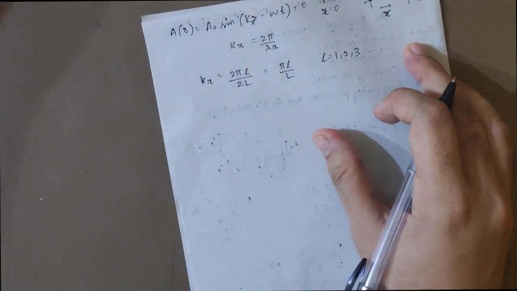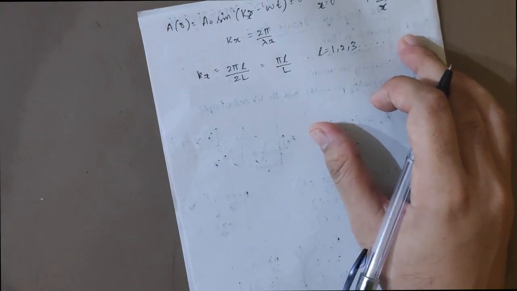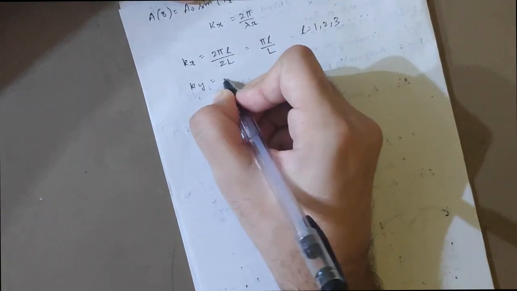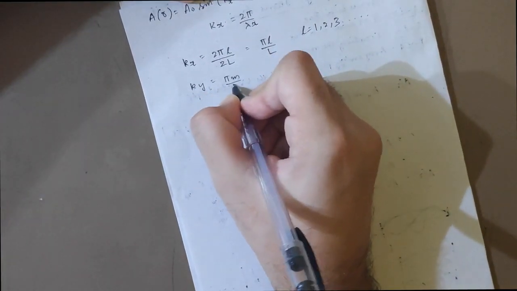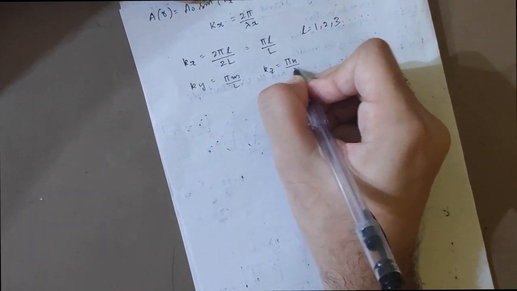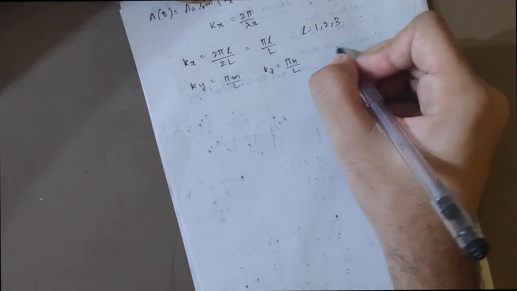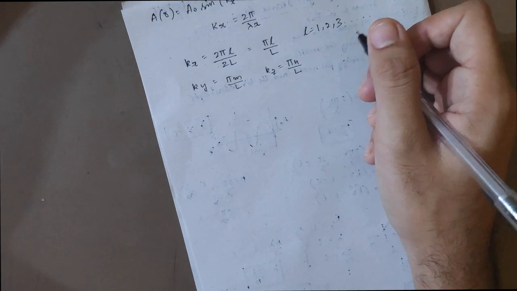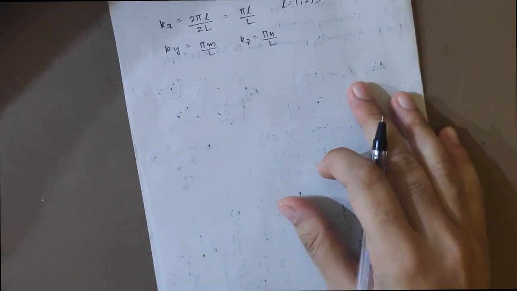And similar results can be found for the y and z axes, where you have ky equals pi m by L and kz equals pi n by L, where again m and n can take on the values 1, 2, 3, 4, 5, and so on. So when you talk about the values of kx, ky and kz, they form a regular cubical array of points, right?